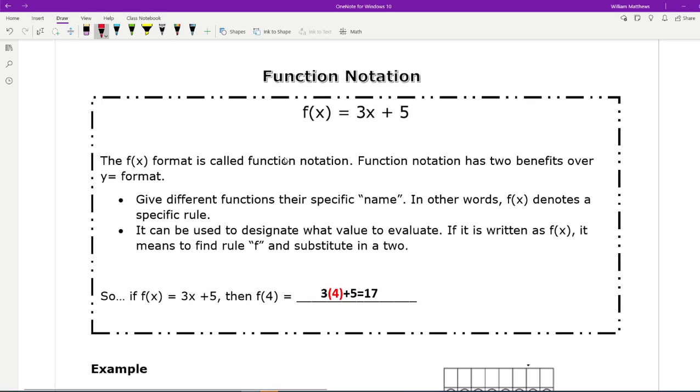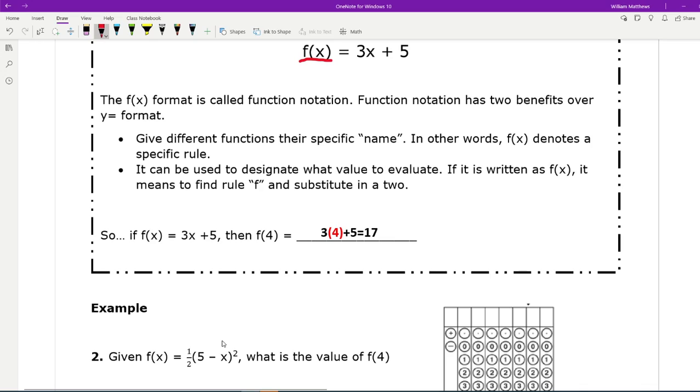For function notation, this is referring to instead of using y equals, we use f of x equals. It lets us have an idea of what our x value is going to be. In this sense, if f of x were to equal 3x plus 5, and I stated f of 4, what I'm saying is I'm going to replace my x variable in the expression with the number 4.